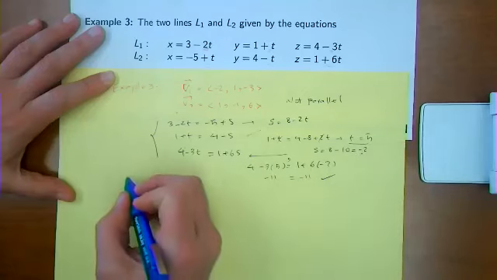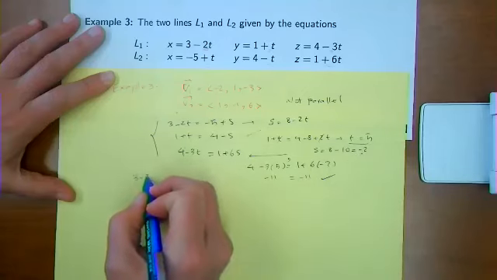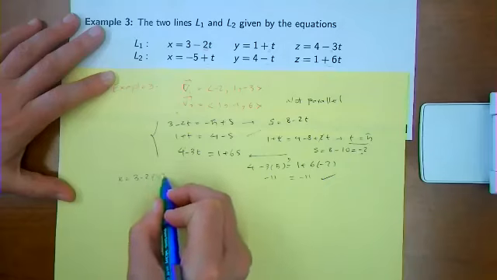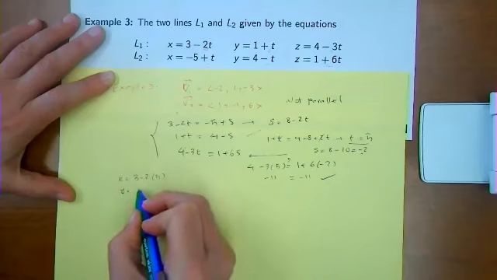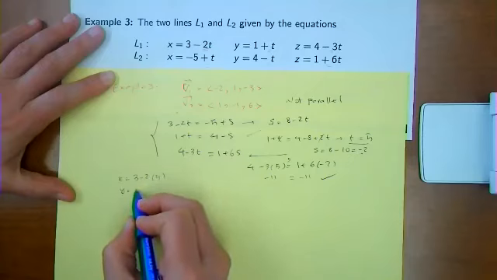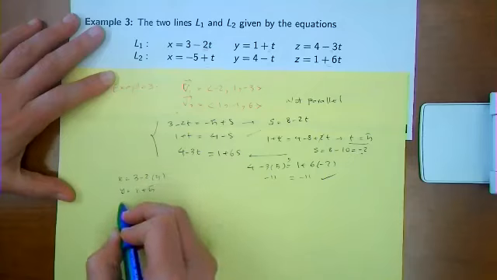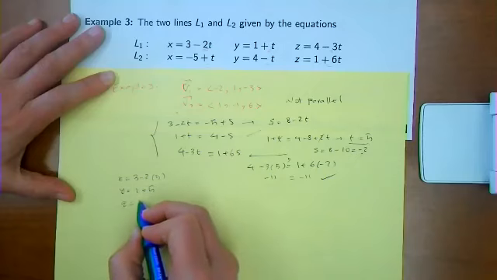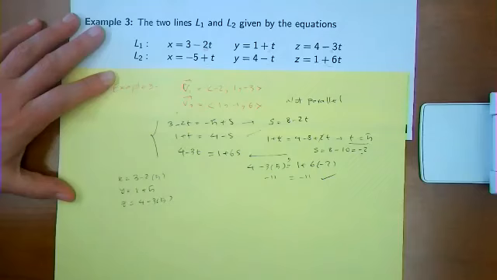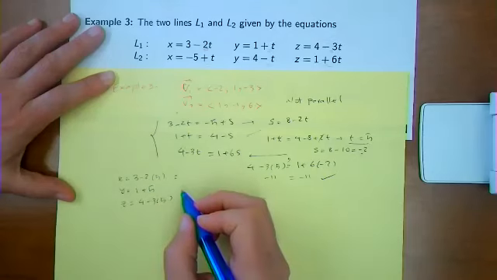If I plug in t equal to 5, I get x equal to 3 minus 2 times 5, y equal to 1 plus 5, and z equal to 4 minus 3 times 5.